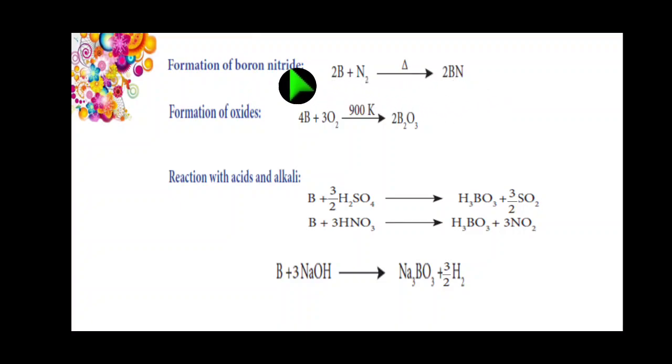The first one we see is boron nitride. Left side nitrogen 2, the suffix 2 is here. So right side you write 2. When you give the 2, boron is also 2. So left side make it 2. Simple equation.